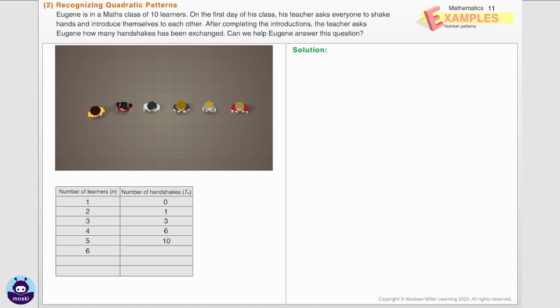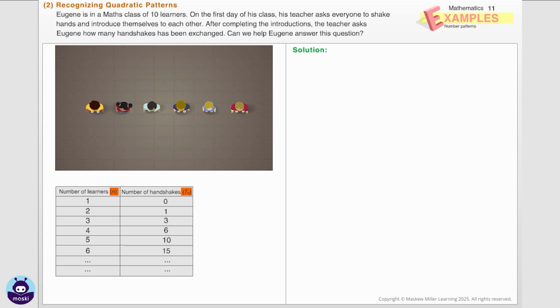When the sixth learner joins, the total number of handshakes increases to 15.